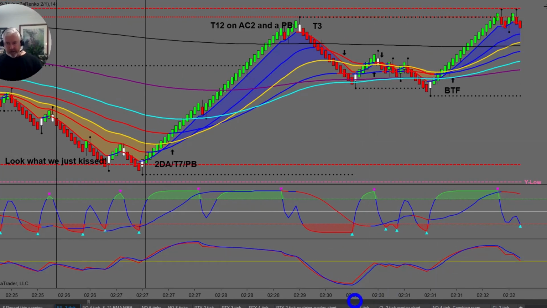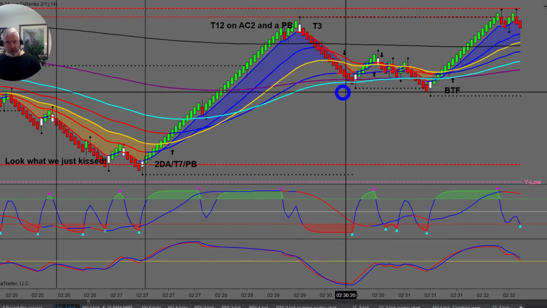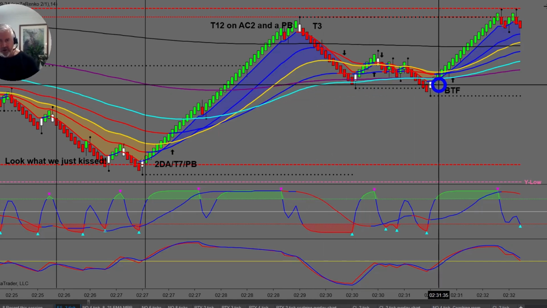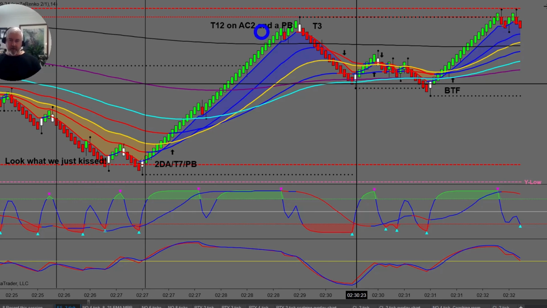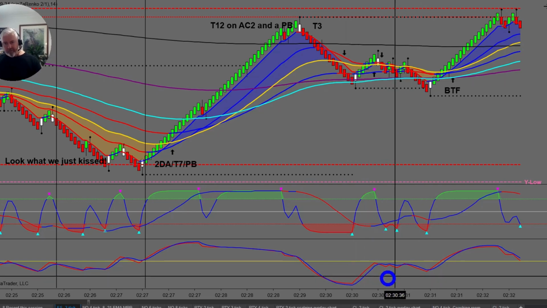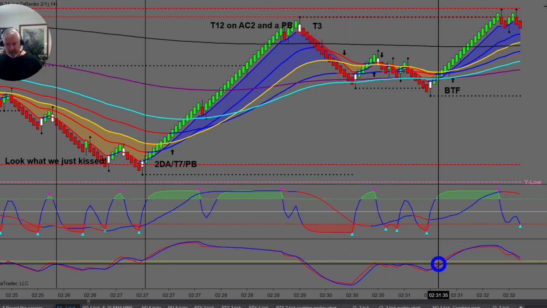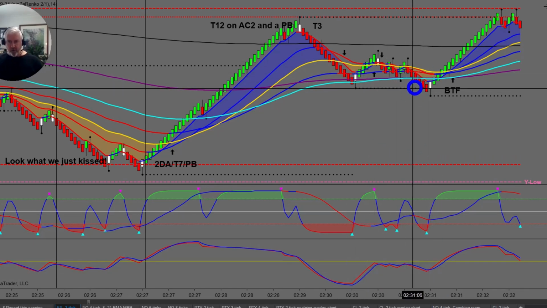Okay, we ended up then having a bet the farm. And last of all, I will finish on this one, be very, very cautious when you start to see the 89 EMA and the 200 EMA going sideways. So if we want to take a trade when we've got sideways, do you have any divergence? Now this is a custom divergence indicator, a zero lag, so it picks these up really well.